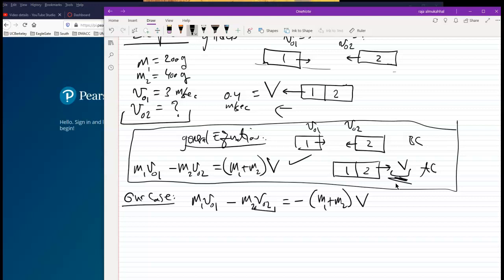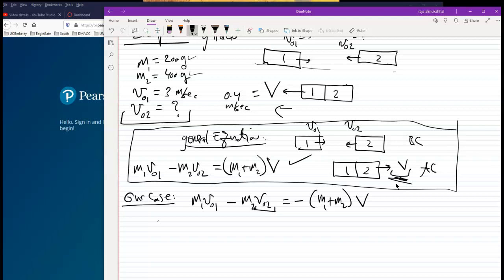It's a simple problem. So M1 is 200. We can put 200 grams here because the gram units on both sides are going to cancel out anyway.